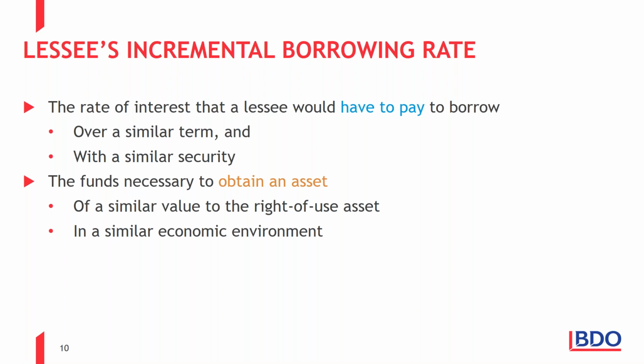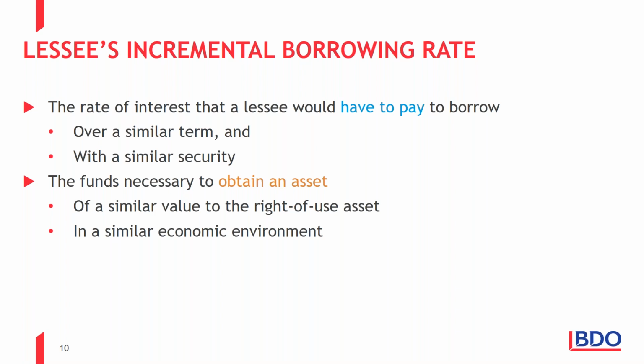Therefore, we cannot have leases that have a 5-year term necessarily have the same incremental borrowing rate as a lease with a 20-year term. So what is the rate of interest that we would have to pay to borrow over a similar term, similar security? Therefore, again, there's a difference between property leases, vehicle leases, equipment leases, different types of security potentially.